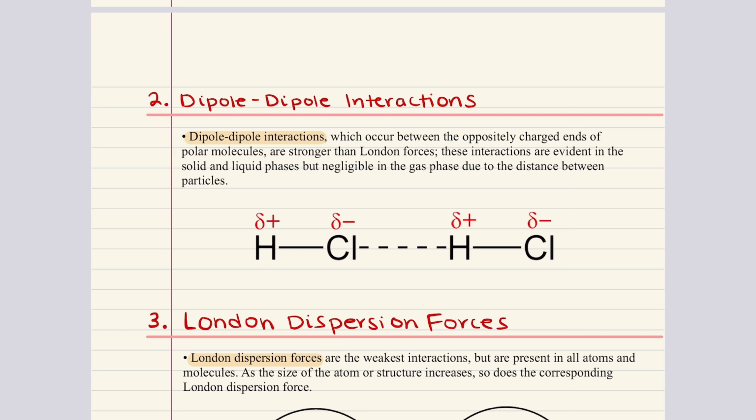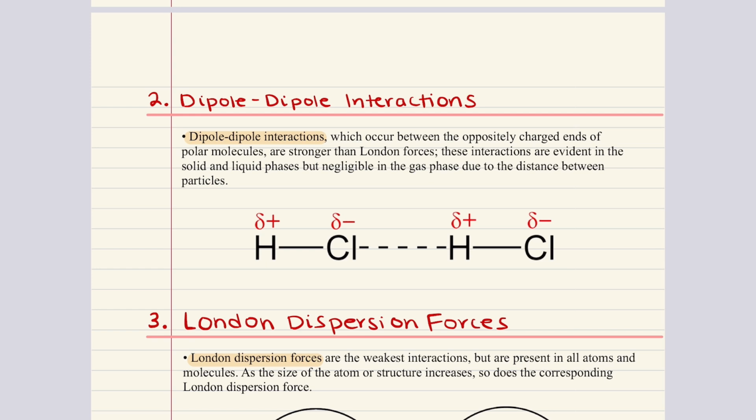Dipole-dipole interactions arise from the attraction between the positive end of one polar molecule and the negative end of another. It is important to note that dipole-dipole interactions only occur in molecules with permanent dipoles. Nonpolar molecules do not exhibit these interactions, but they can still experience London dispersion forces, which we're about to talk about.